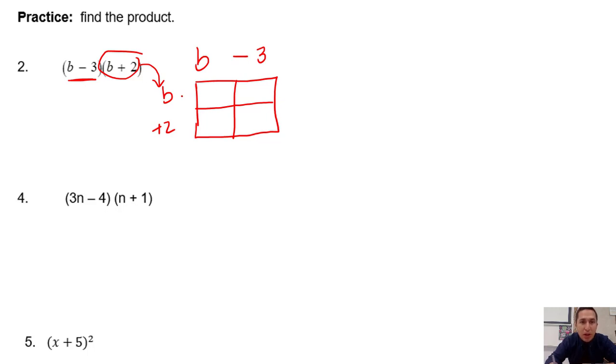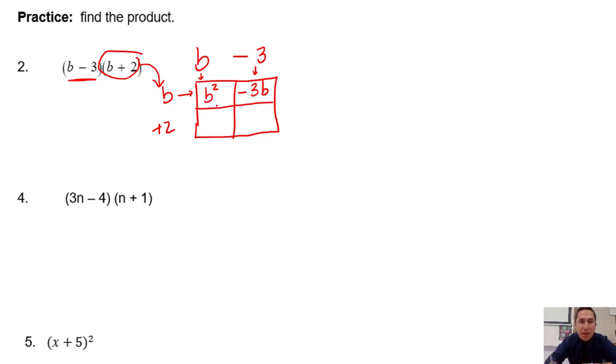So in this first square, this b and that b are going to meet up. So it's going to be b times b. To get in the square, you have to multiply. So b times b is going to give you a b squared. Now I've got b times a -3, that's what's going to meet in here. So it's b times -3, it's going to give you a -3b.